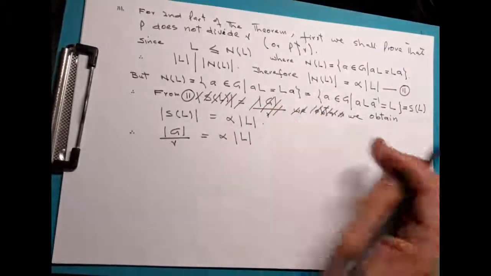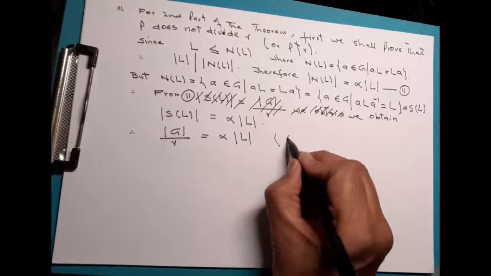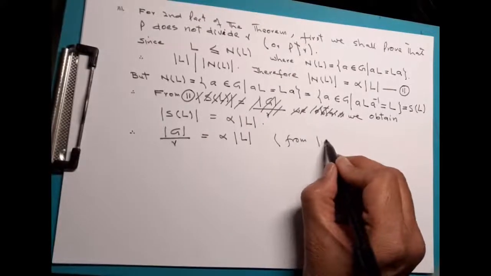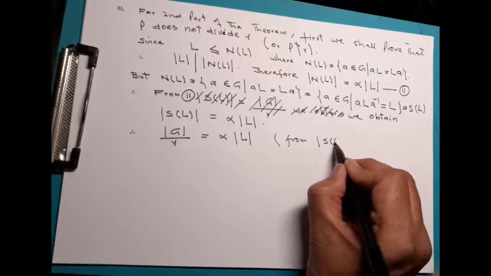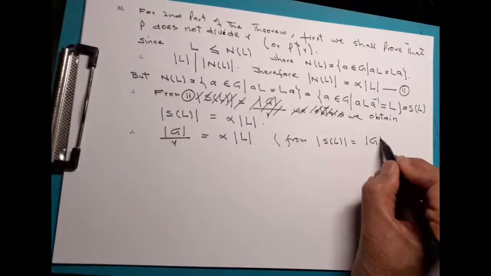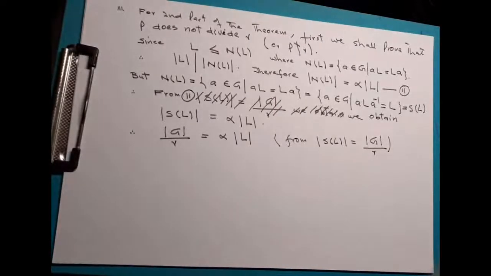This result we have already derived on the previous page: the number of elements in SL is equal to the number of elements in G divided by R.